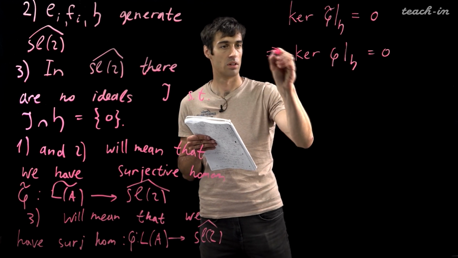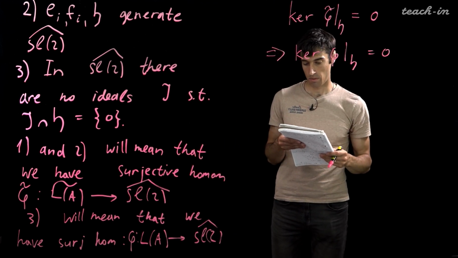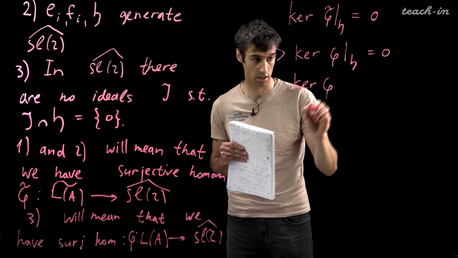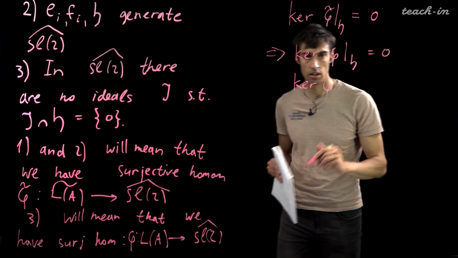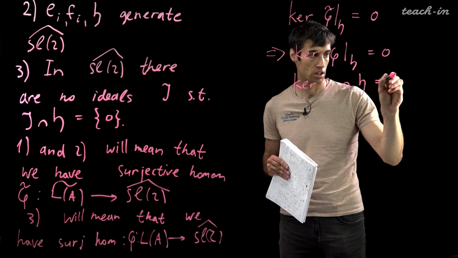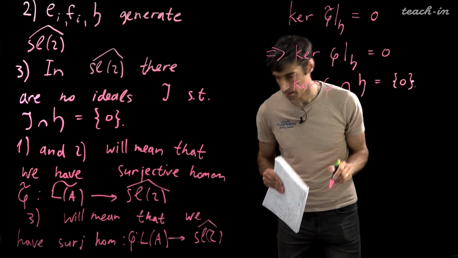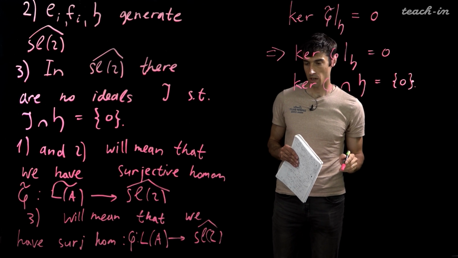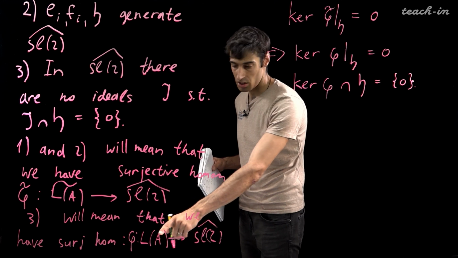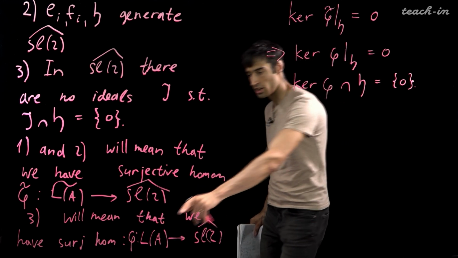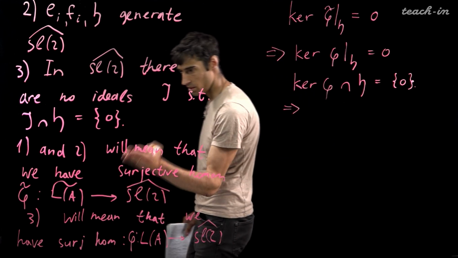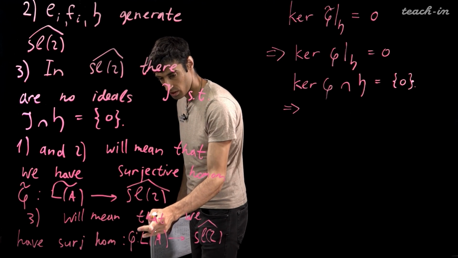But this just means that the kernel of phi is an ideal in L of A, and it intersects trivially with H. In L of A, what was the construction?